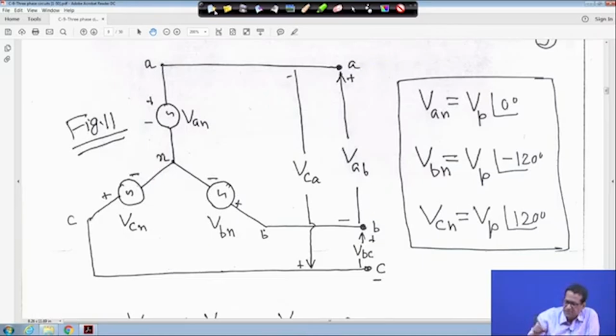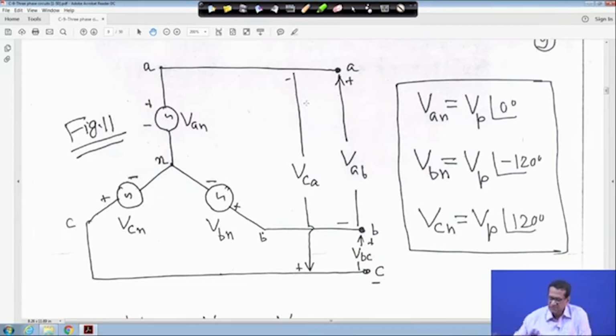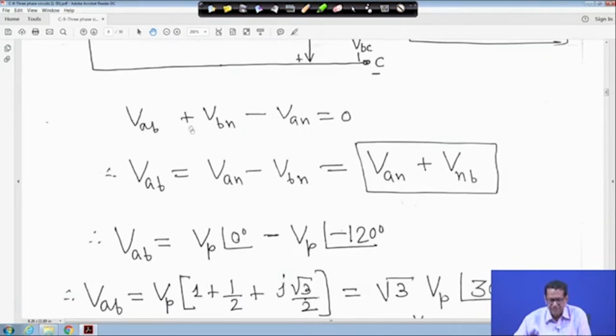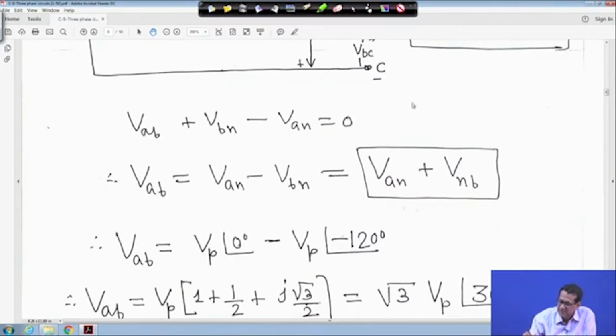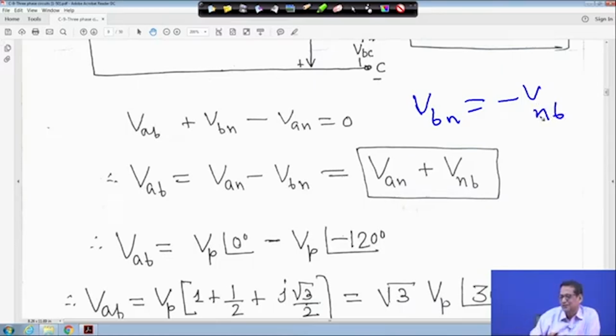So in this case, the way I wrote it, VAB is equal to VAN minus VBN. So this VBN you can write as minus VNB, right. You are just changing N to B. VBN can be written as minus VNB, that is positive, right.